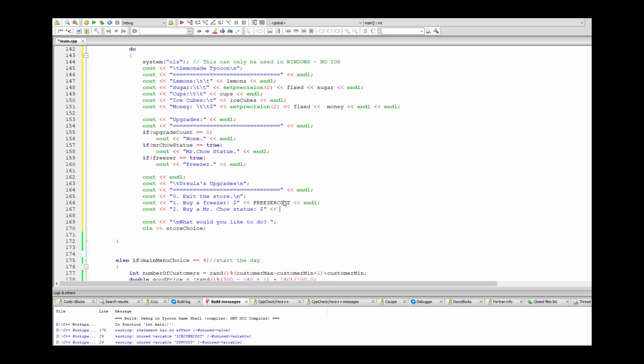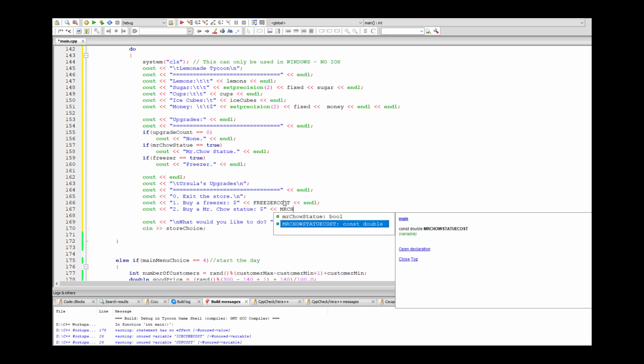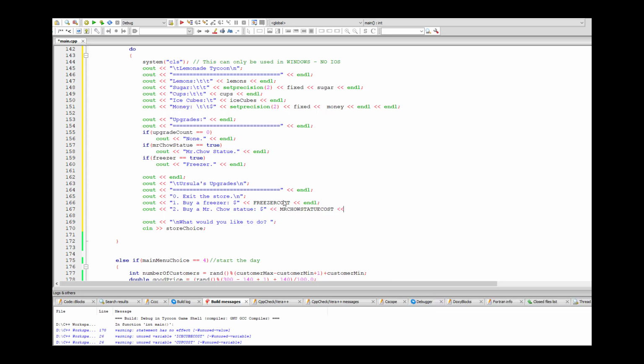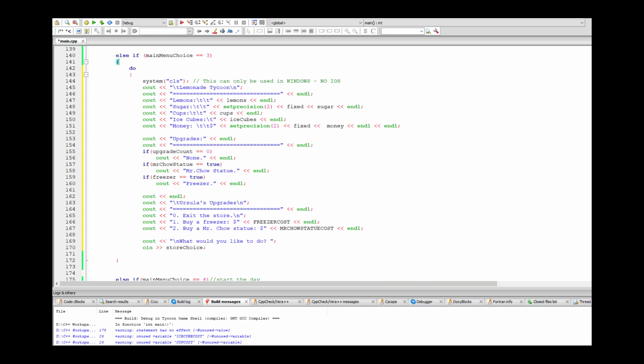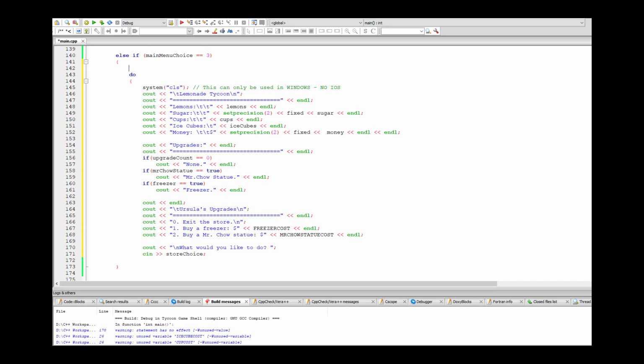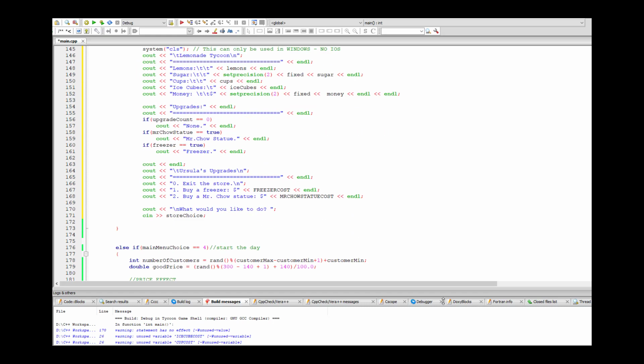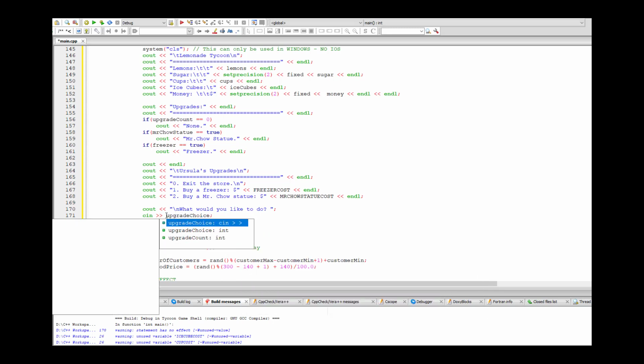Okay, for Mr. Chow statue cost, end line, what would you like to do? And here we're going to have int upgrade choice. All right, and going here to upgrade choice.